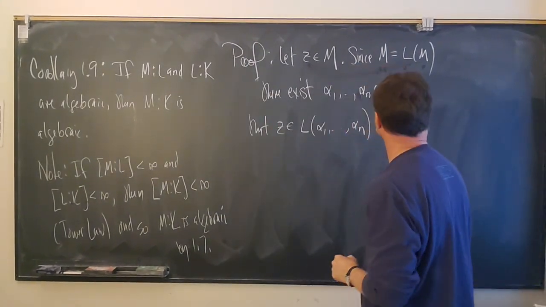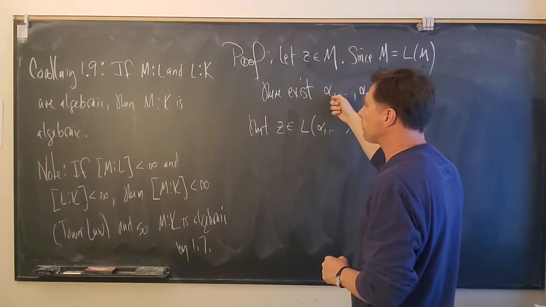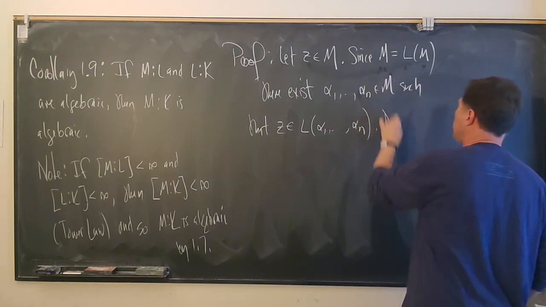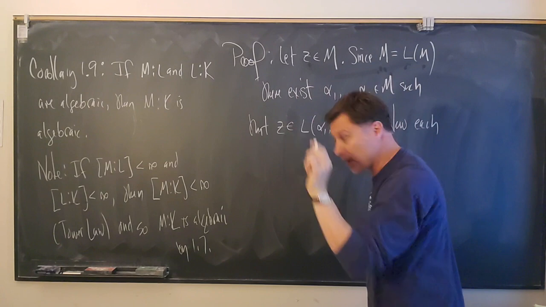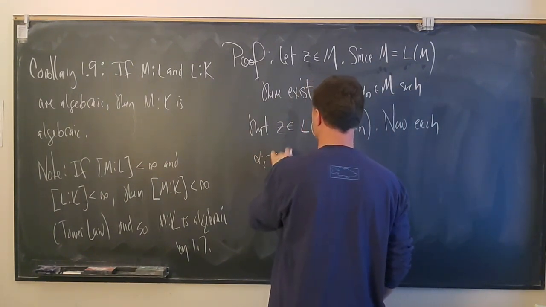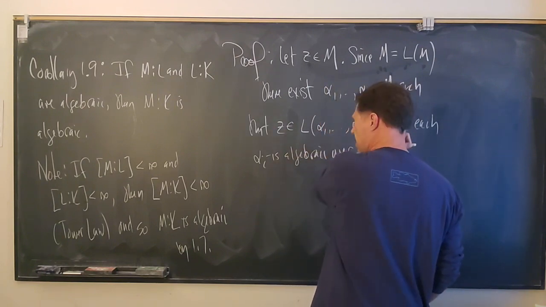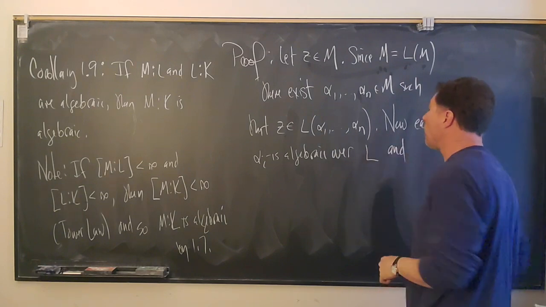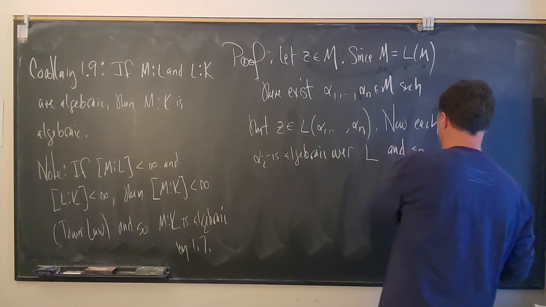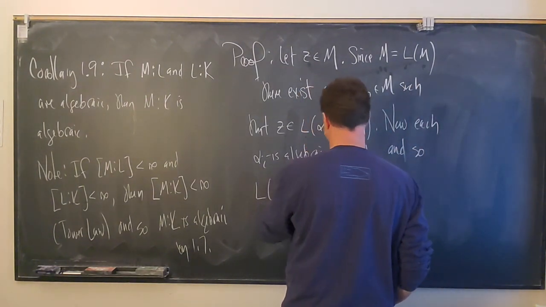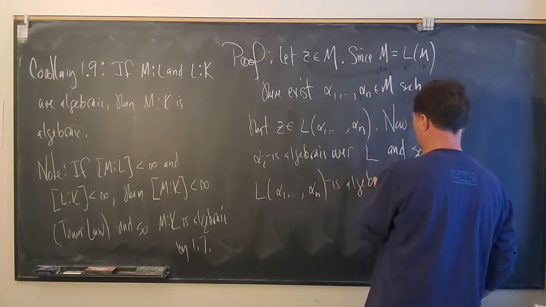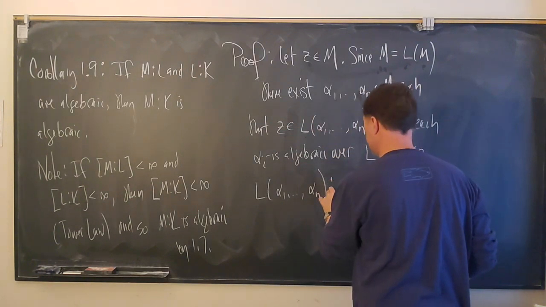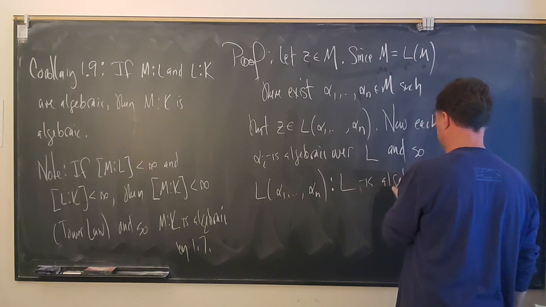Now, let's see. Each of these alphas lives in M, and this extension M over L is algebraic, which tells us that each of those alpha i's is algebraic over L. And so the extension L adjoin alpha 1 up through alpha n over L is algebraic.